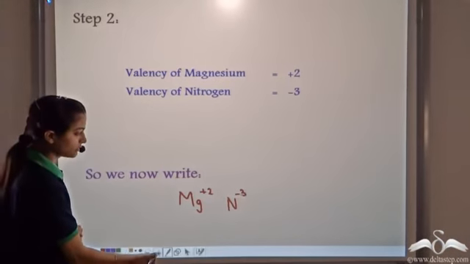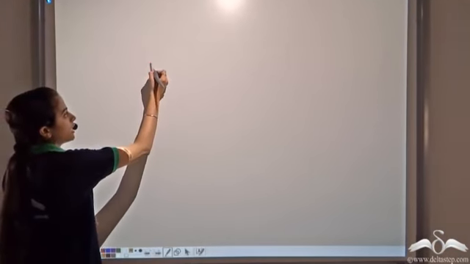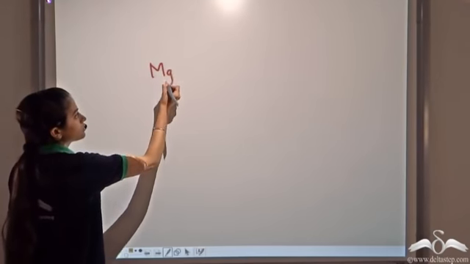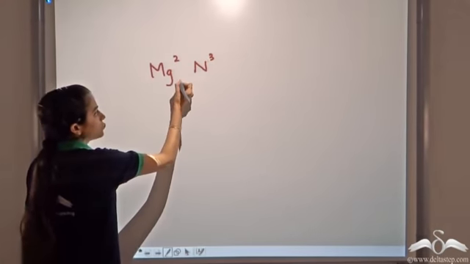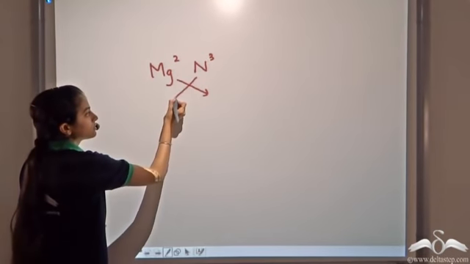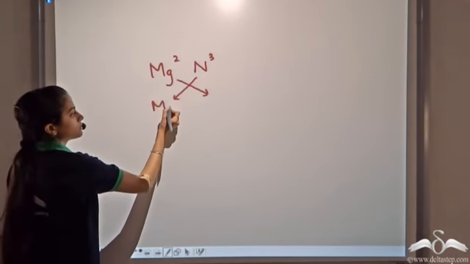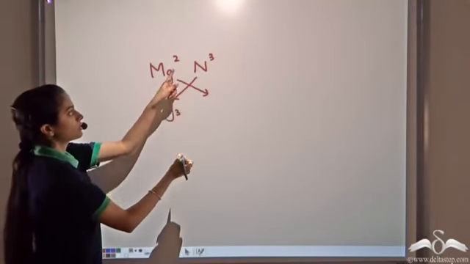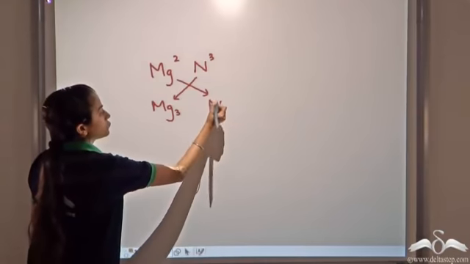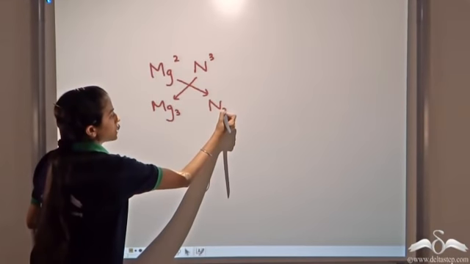Now we'll interchange the valencies. So we have Mg 2, nitrogen 3. This superscript becomes the subscript, and this superscript becomes the subscript.